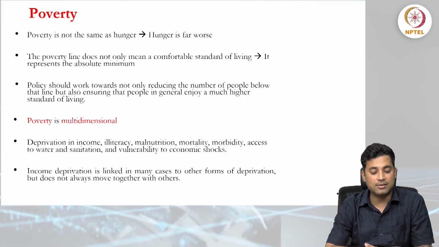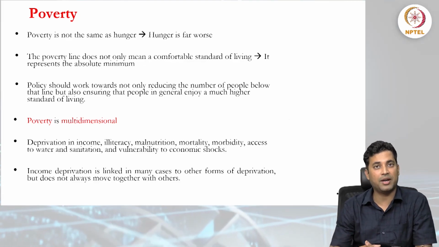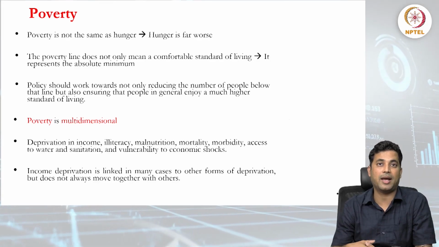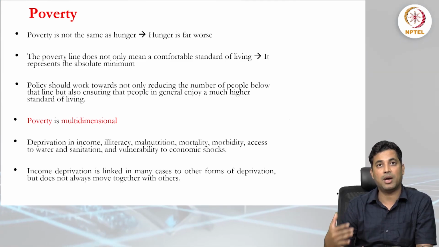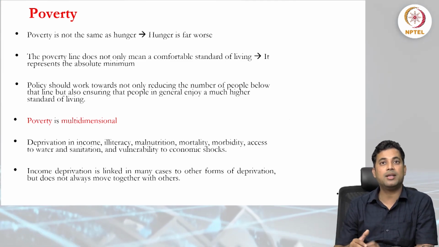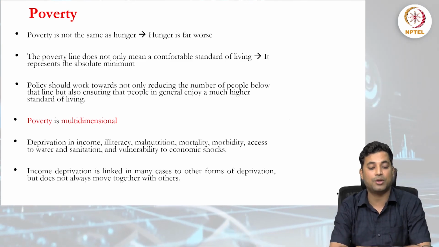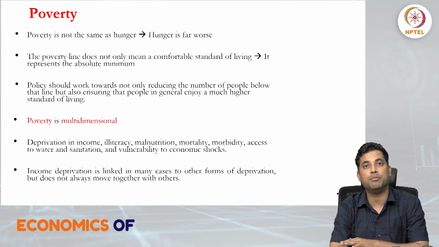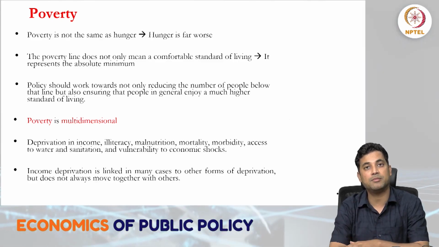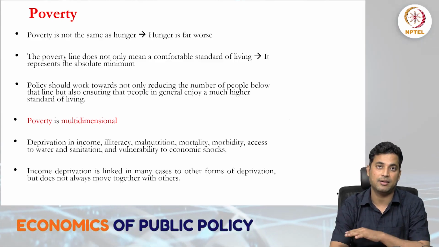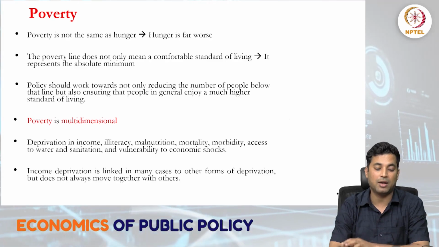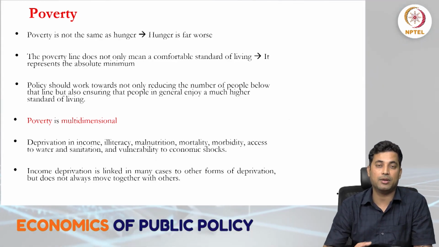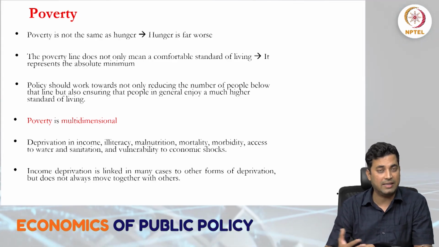So poverty lines are measured to identify how many people are falling below the poverty line and how many people are falling above the poverty line. The poverty line gives the threshold, which does not mean a comfortable living standard; it represents the absolute minimum. Let us make it very clear that the poverty line is the line that will determine the absolute minimum values for a basic standard of living.